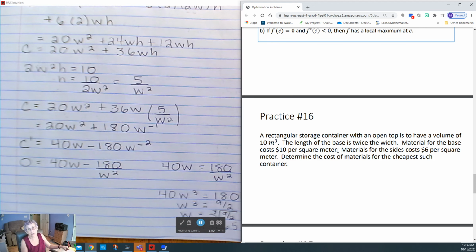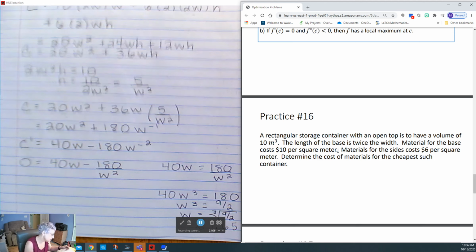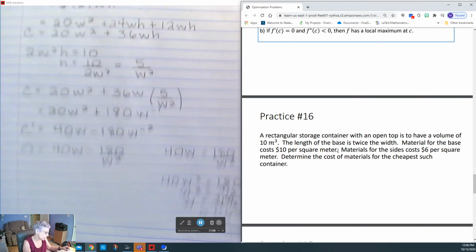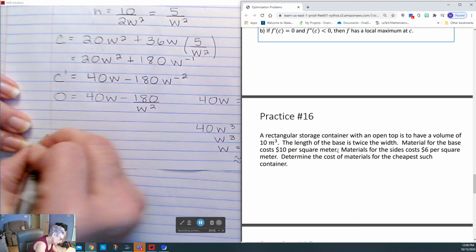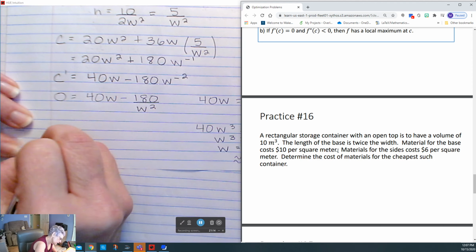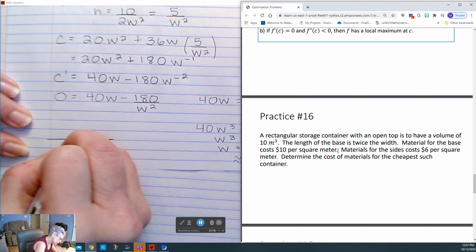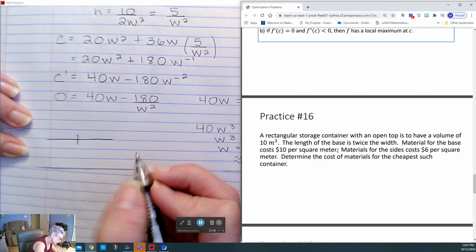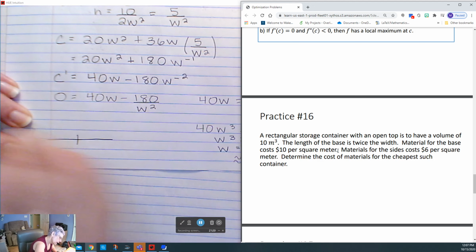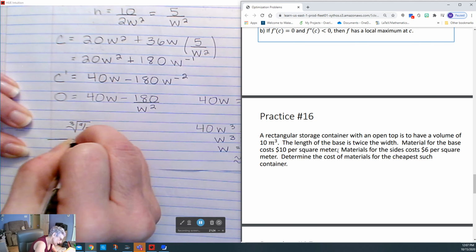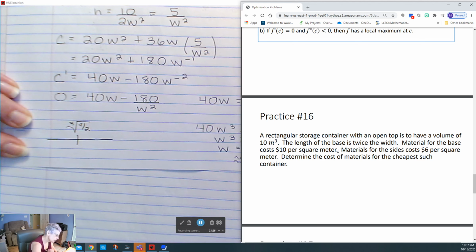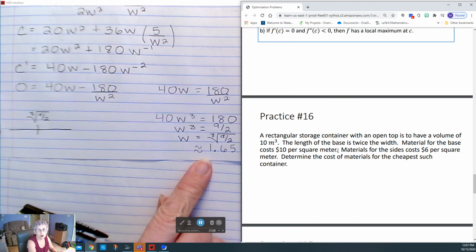Now I need to make sure that what I have is actually a minimum and not a maximum. So you can either do the first derivative test. I usually make myself a little number line. I plop my cube root of 9 halves on there. I plug in something smaller, something like 1.